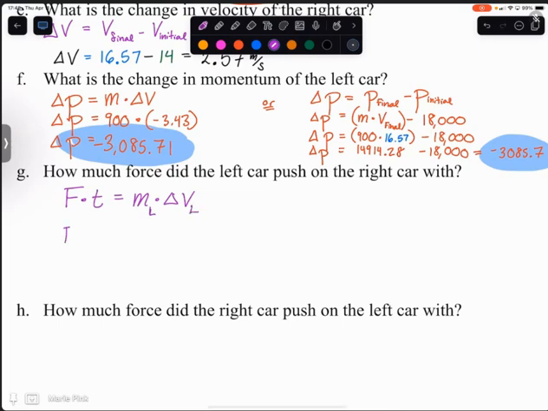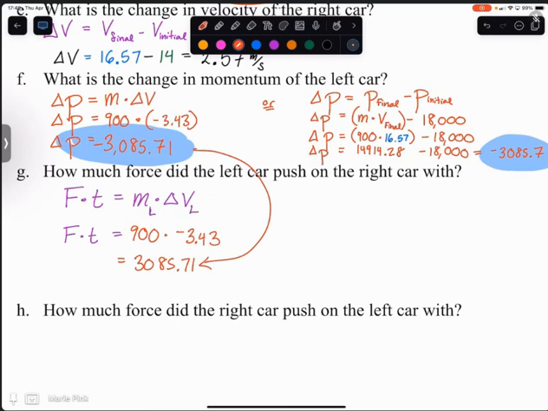And so I will get force times time is equal to the mass of my left car, which is 900, times the change in velocity of my left car, which is the negative 3.43. And when I multiply that together, I get 3,085.71, which happens to also be the change in momentum that we just got here.